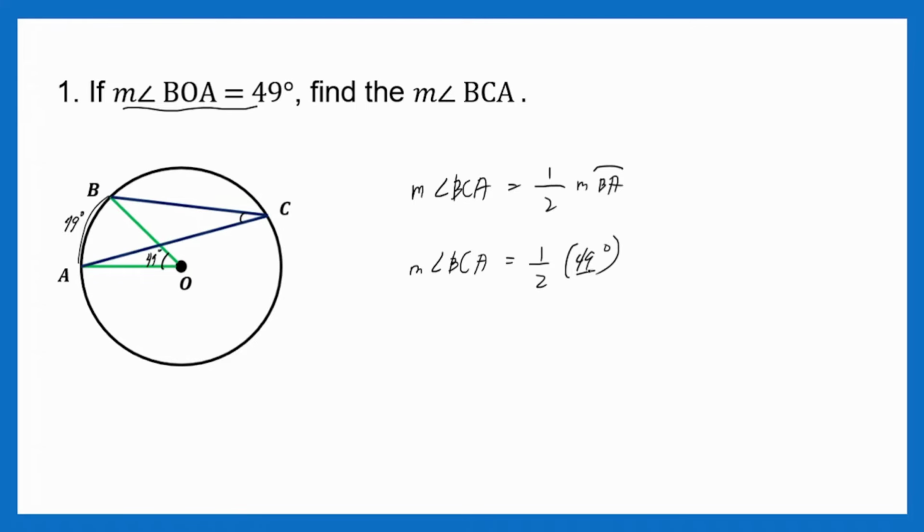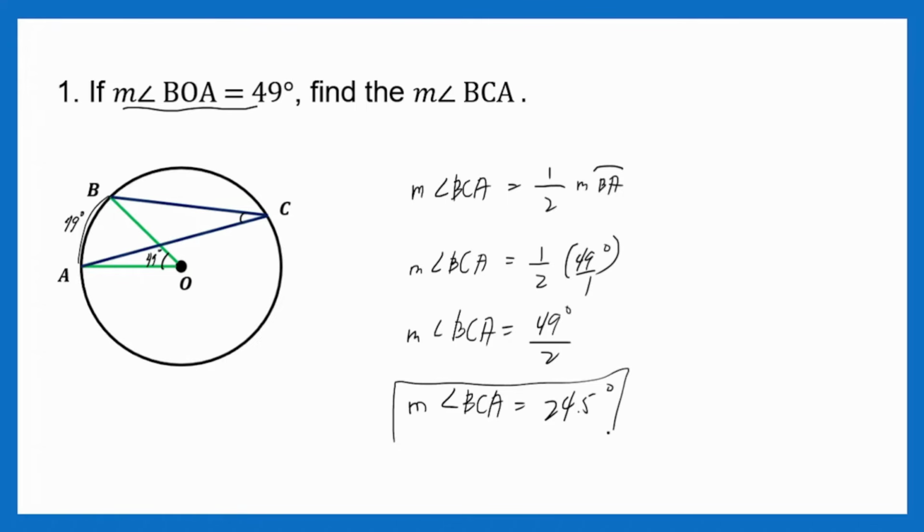Okay? So, times mo lang, measurement of angle BCA is equal to 49, numerator by numerator, 2 times 1, that's 2, denominator by denominator. So, therefore, the measure of angle BCA is equal to half of this one, that is 24.5 kapag dinivide mo. 24.5 degrees.